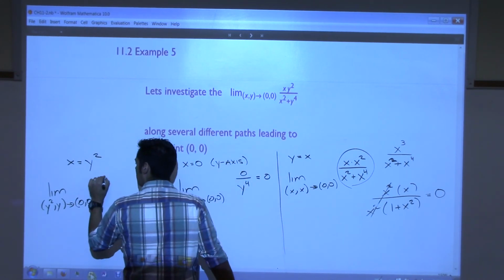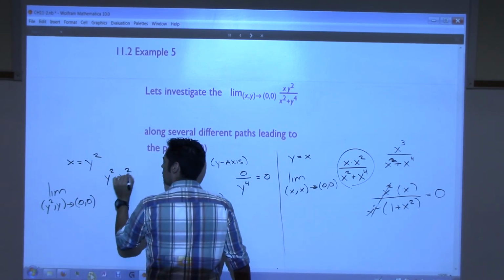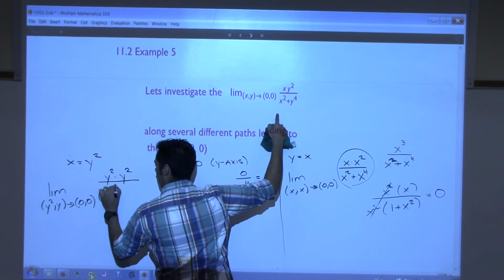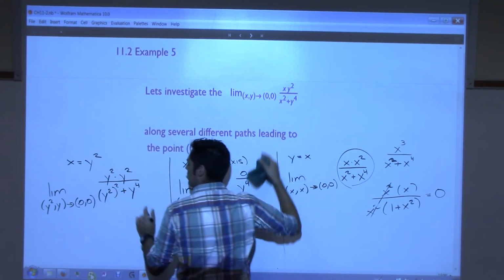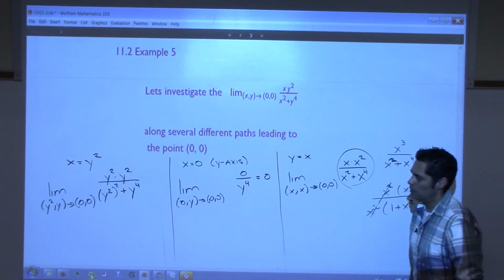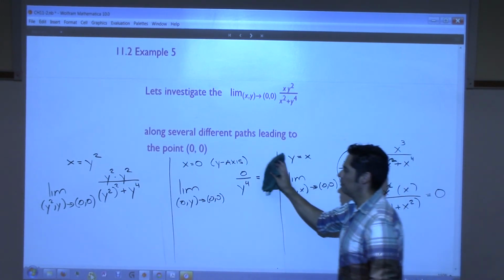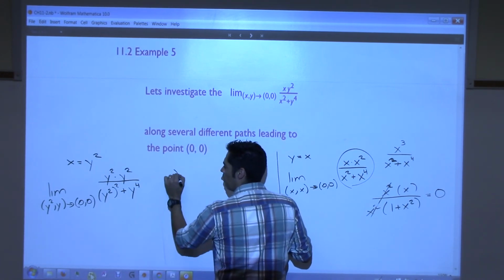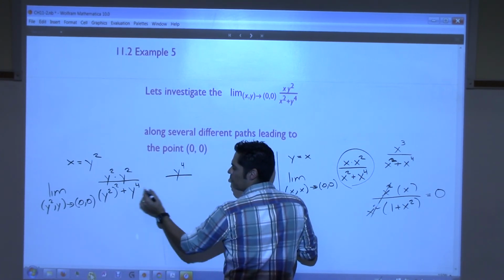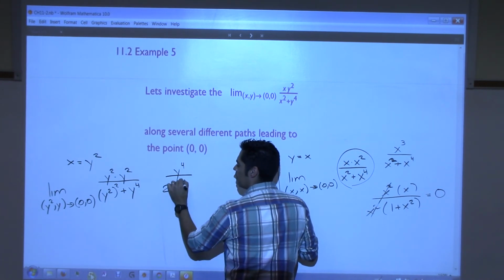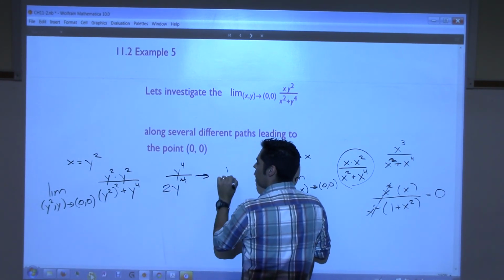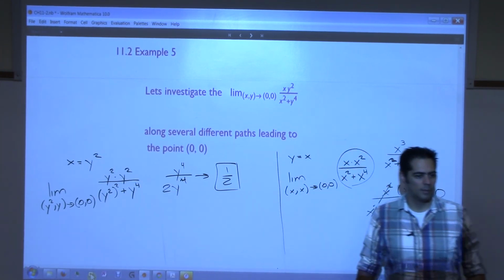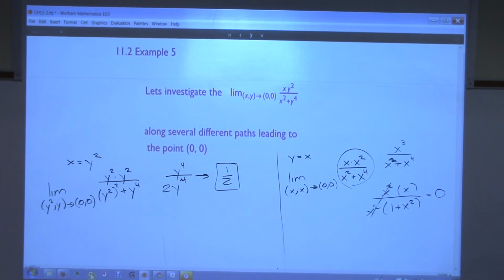Replace my x with y squared, so y squared times y squared on top over y squared squared plus y to the fourth. Which is essentially y to the fourth over 2y to the fourth, which turns into 1/2, doesn't it? And that's all we need to say it doesn't exist.